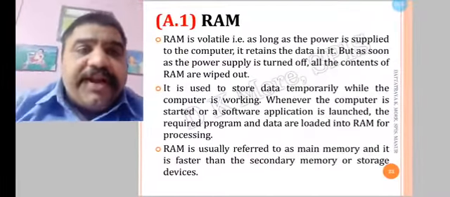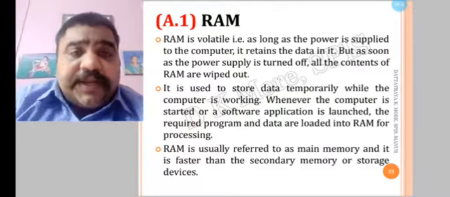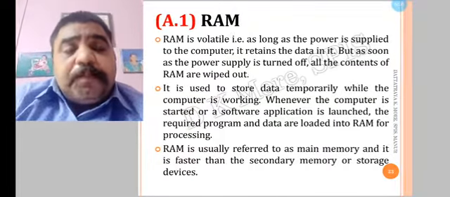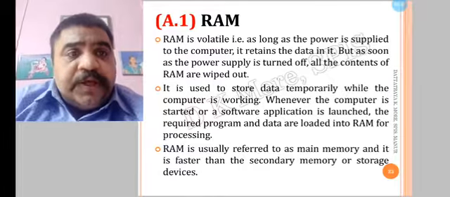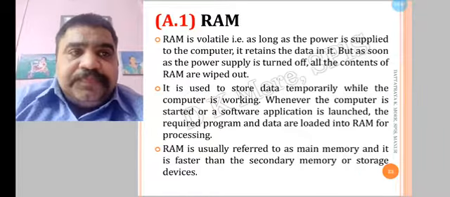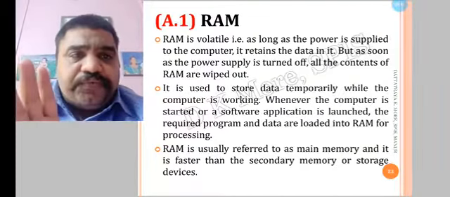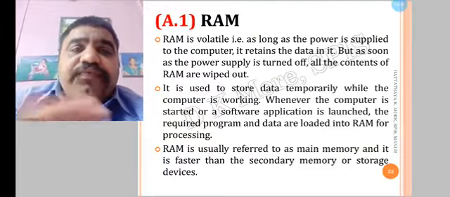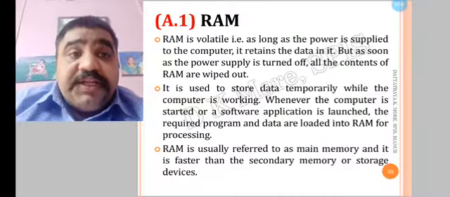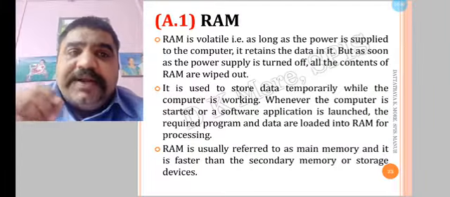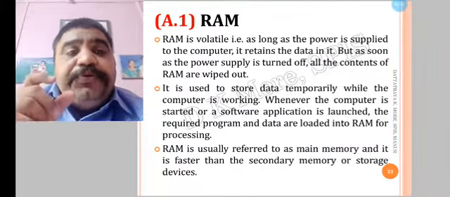RAM, random access memory, is volatile. That is, as long as the power is supplied to the computer, it retains the data in it. But as soon as the power supply is turned off, all the contents of RAM are wiped out. It is used to store data temporarily while the computer is working.